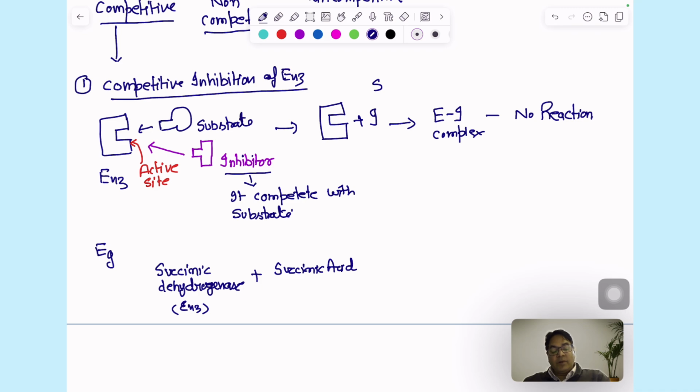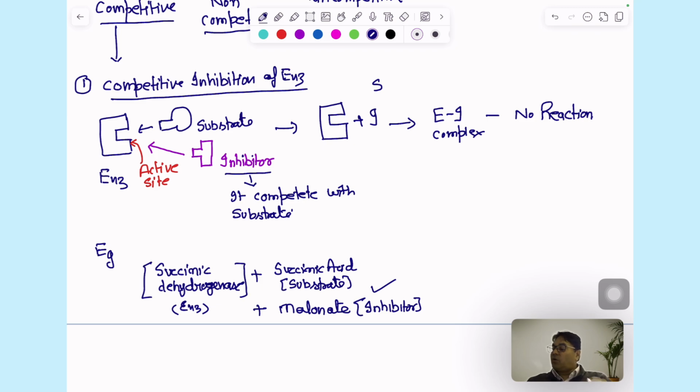So this succinic acid combines with the succinic dehydrogenase. This is the substrate. But sometimes malonic acid is there. We call it malonate. It is the inhibitor. So malonate competitively inhibits the action of the enzyme succinic dehydrogenase. This is a broad example of it.